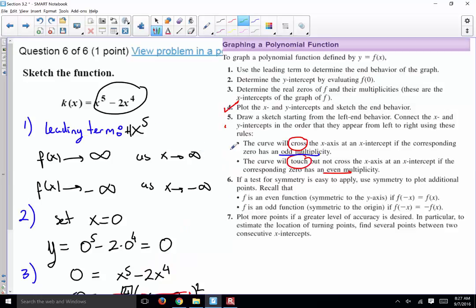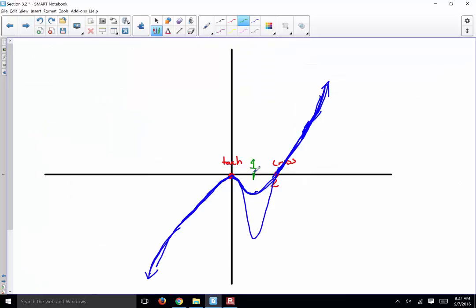So you need to take, for example, 1 and substitute here. 1 to the 5th is 1. 1 to the fourth is 1, but 2 times of it is negative 2. 1 minus 2 is negative 1. Oh, so I see this is only going to negative 1, so my first guess was correct. This is a good value. So it's just to make your picture perfect, you just test some values, alright?